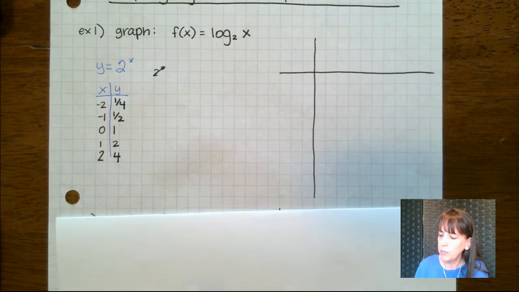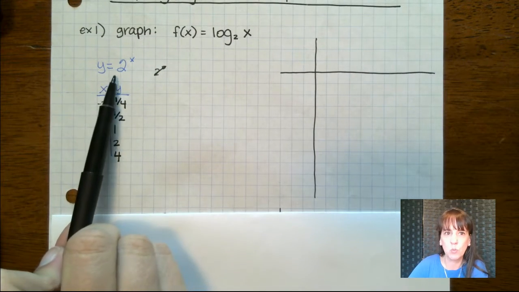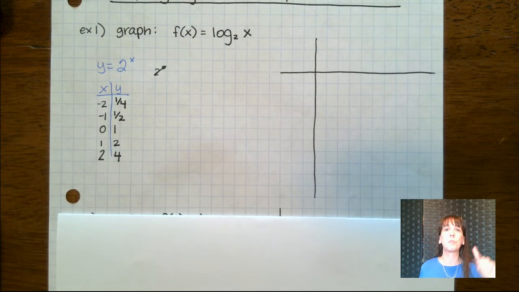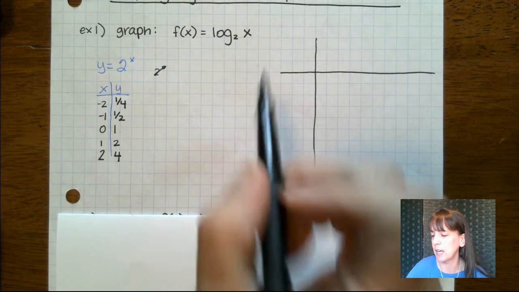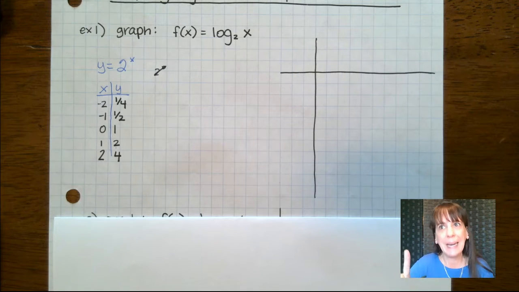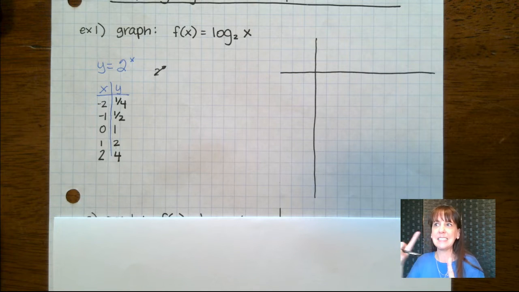So if I were to graph this exponent, done. I would just grab those points and I'd be done with it. But remember, this is the inverse of log base 2 of x, which means when we have an inverse, the domain of one function is the range of its inverse.